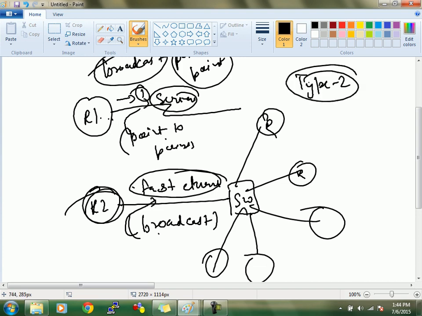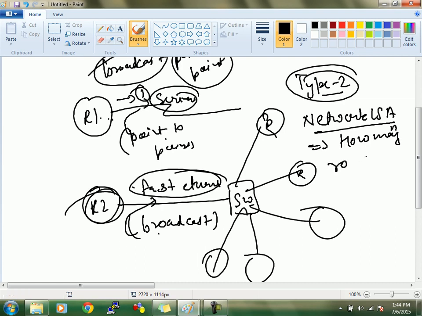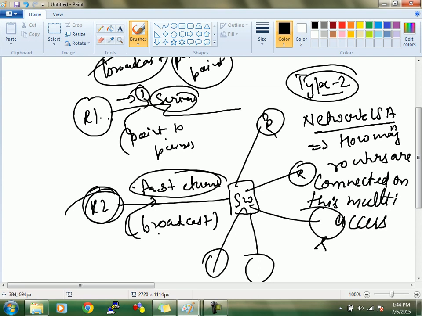Just to shorten my type 1 LSA, I have created which LSA? Type 2. What information will be kept in type 2 LSA? Type 2 LSA will be called network LSA. It will have the information of how many routers are connected on this multi-access.